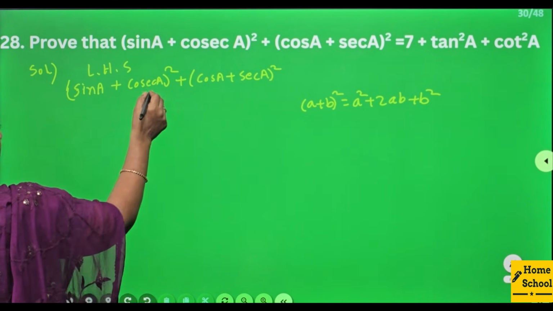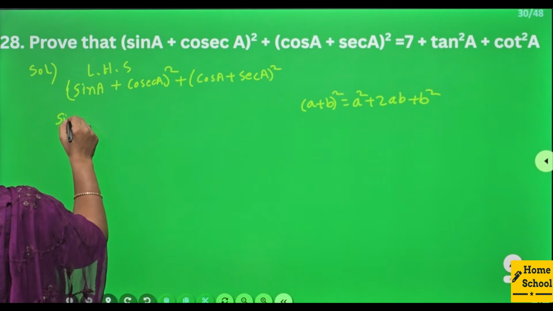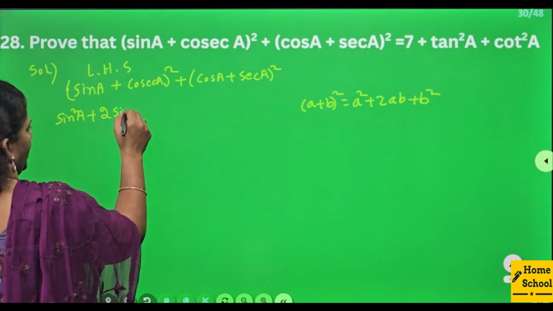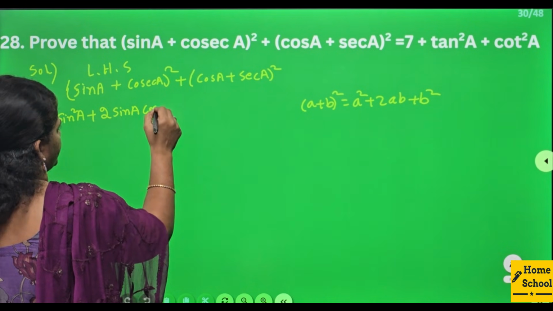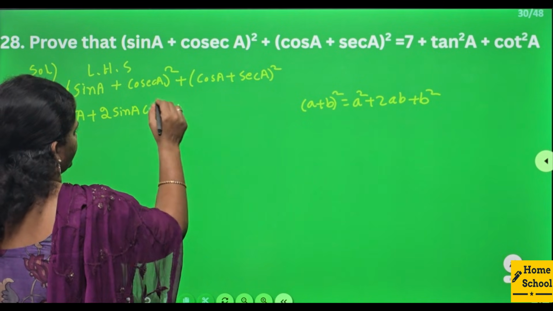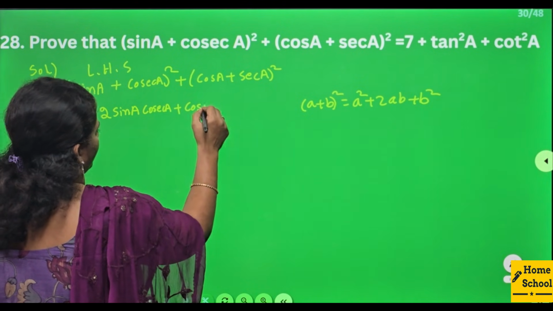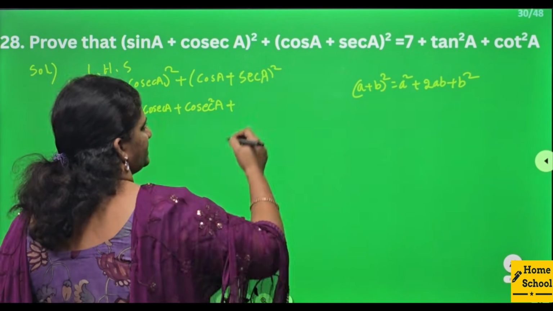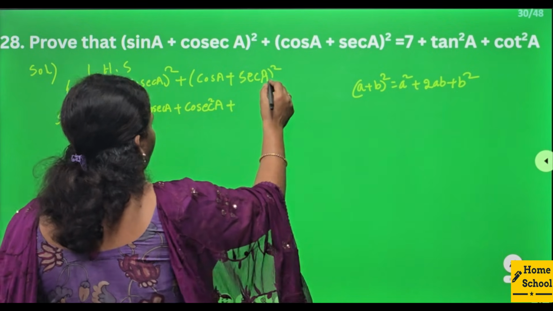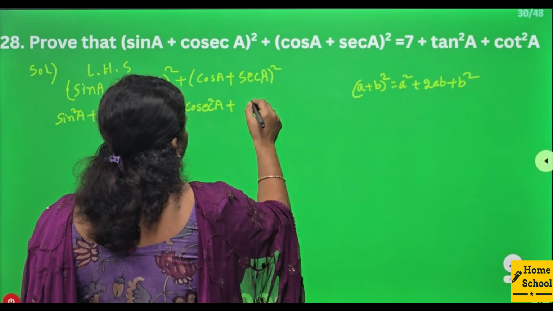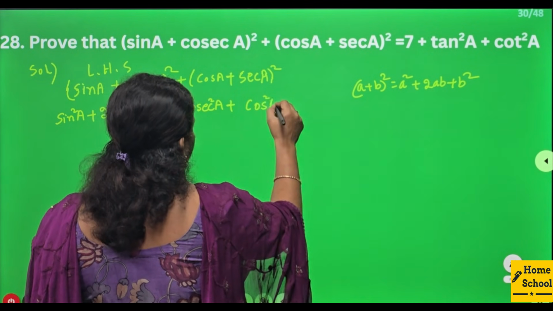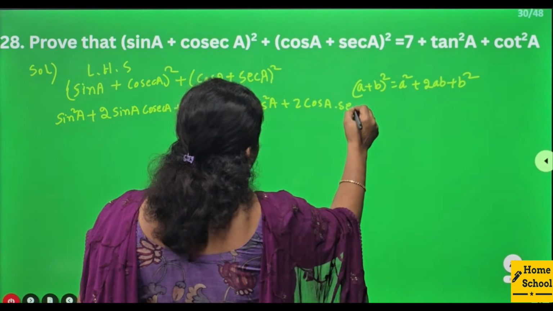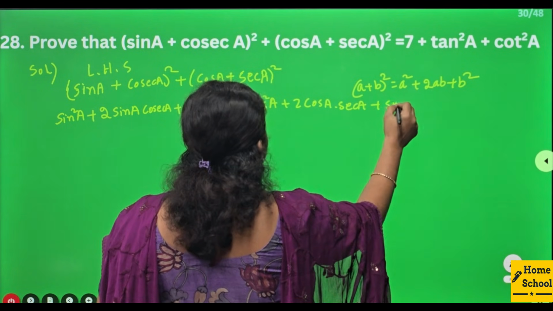A is sin A, B is cosec A. A² is sin² A, plus 2AB, that is 2 sin A into cosec A, plus B², I can write it as cosec² A. Now (cos A + sec A)² is also in the form of (A + B)². Write it: cos² A + 2 cos A into sec A + sec² A.